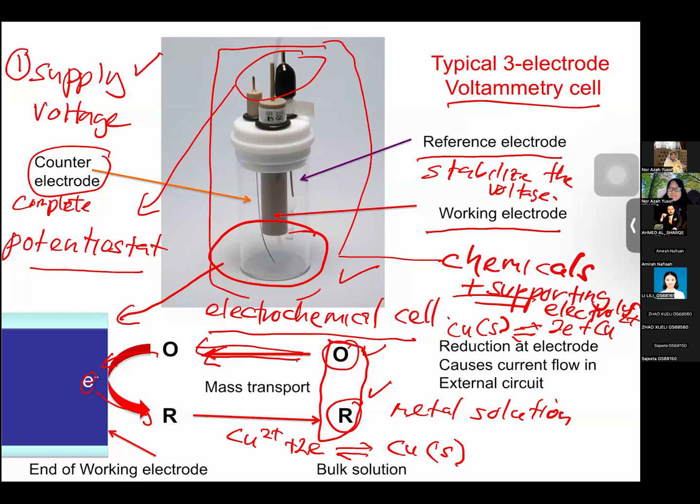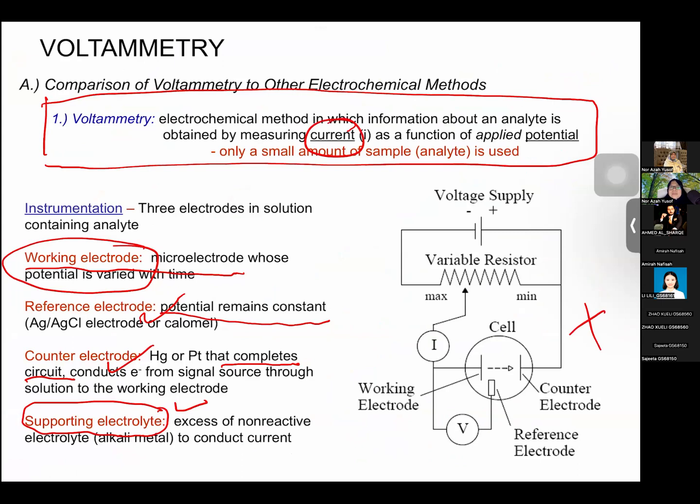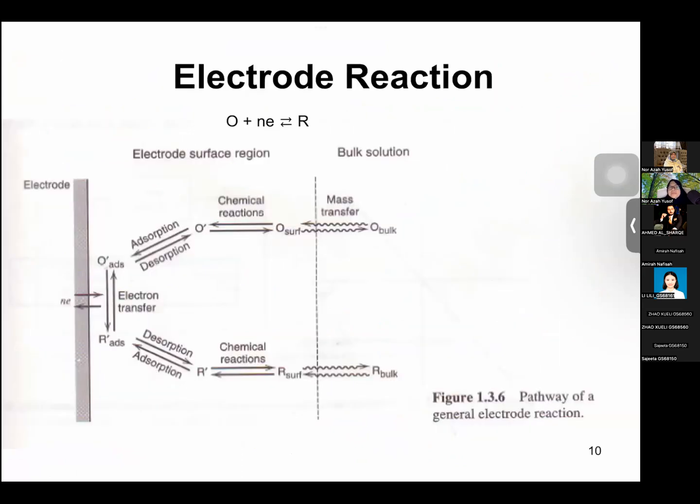After the oxidation and reduction happen, you can get current. So the current change is the indicator of whether there is a reaction or no reaction at all. That is voltammetry.